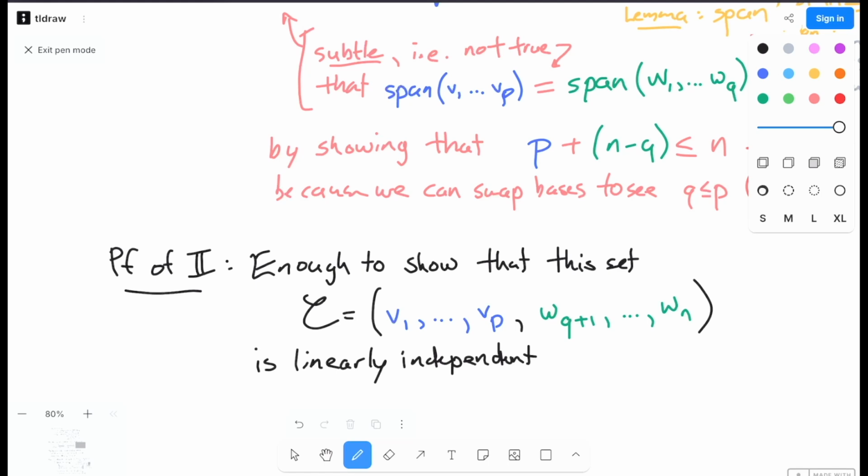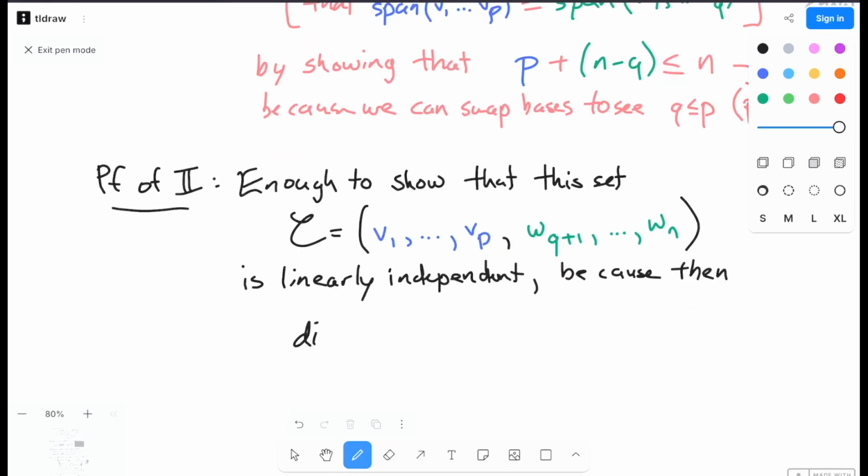So why is this enough? Just to be explicit about it, by taking the dimension of the span of C, well, it's a subspace, so it can't be bigger than the dimension of the entire vector space.